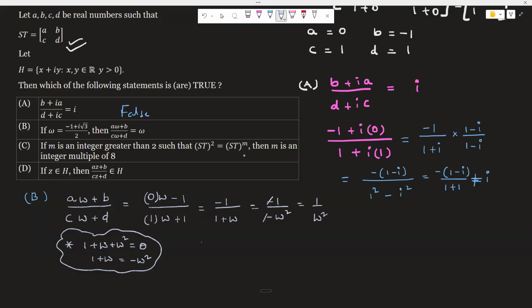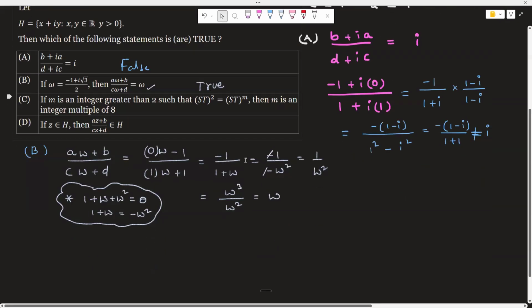Also, 1 can be represented simply as omega cube. Omega cube divided by omega square is of course omega. The statement is also saying the same, so this is a true statement, option B.